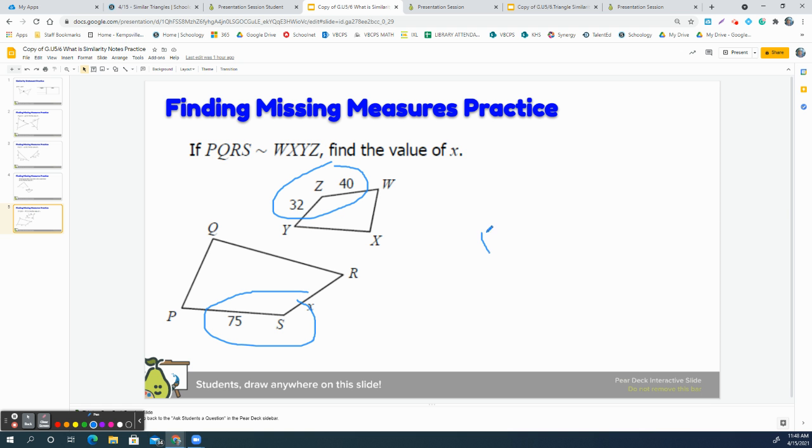Let's do it. So we'll do X and 75. I can't say X equals 75 because I've got this similarity statement here. So I know I need to put it in a proportion. What do I put on top of the 75? The 40 or the 32? PS. PS. Brendan, what goes with PS?